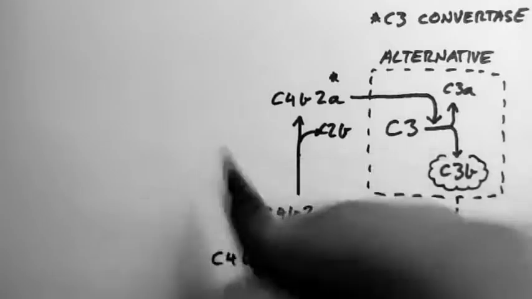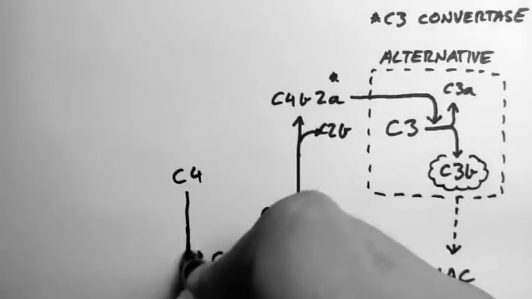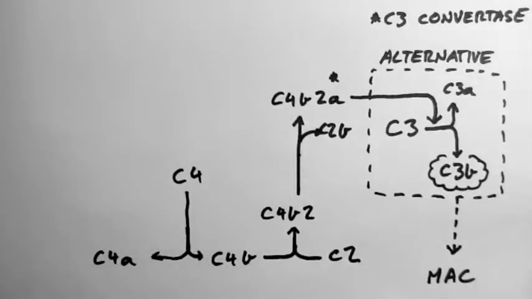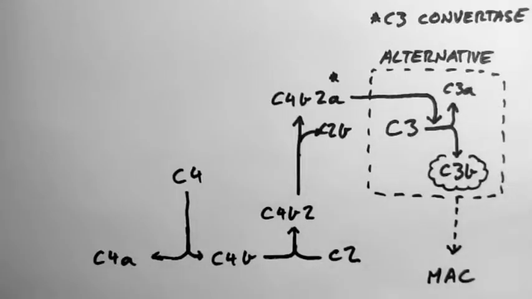Now, C4b is made from C4, which is cleaved into C4a and C4b. Now, C4a, C2b, and C3a play no role in this pathway, but some of them have other functions which we won't discuss here.